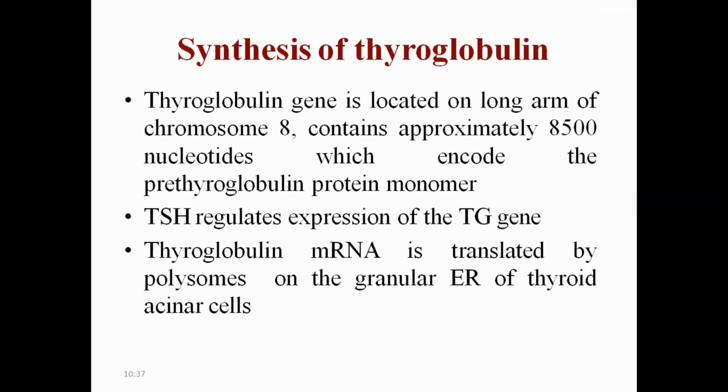After the formation of thyroglobulin mRNA by transcription of the thyroglobulin gene, this mRNA is translated by ribosomes on the rough endoplasmic reticulum of a thyroid acinar cell.